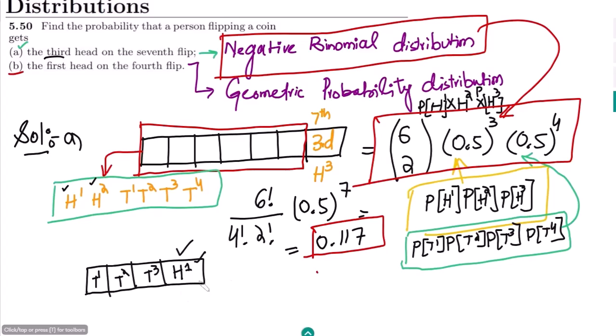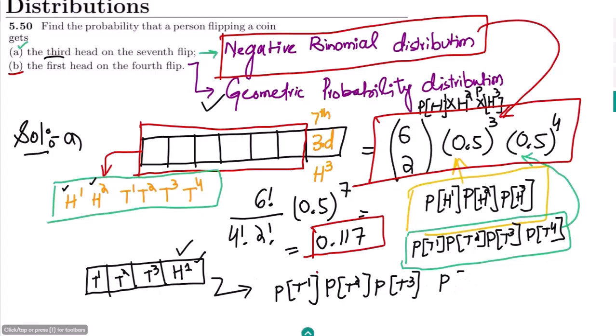The number of trials or flips until we get heads, the success, represents the geometric probability distribution. The probability would be the probability of T1 multiplied by the probability of T2 multiplied by the probability of T3.